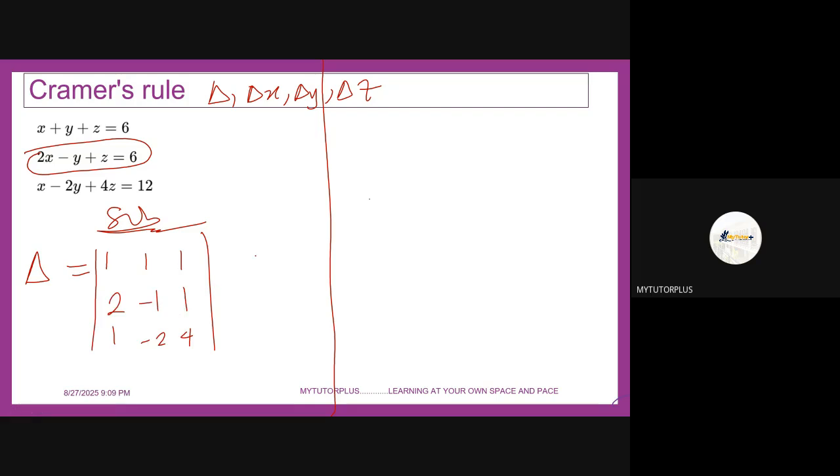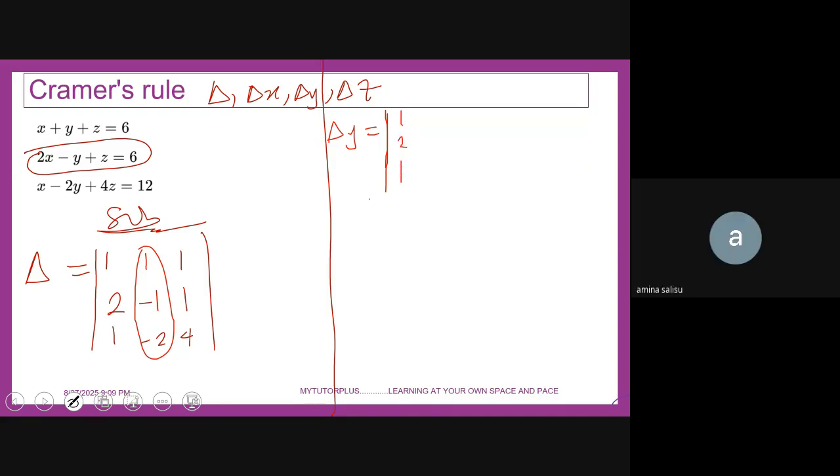So now we want to get the value of delta y. If we want to get the value of delta y, remember the rule. We replace the second column with the last value. So delta y will be equal to, let us write the matrix for delta y. That's going to be 1, 2, 1 now, right?